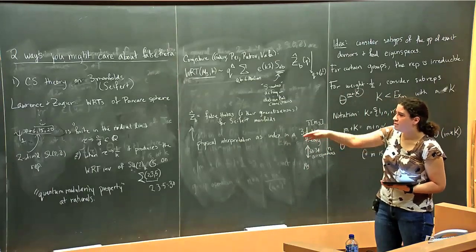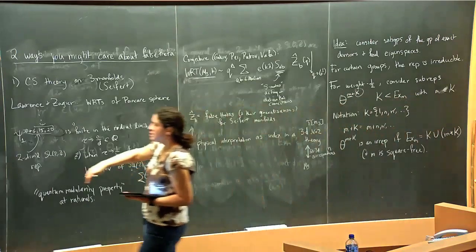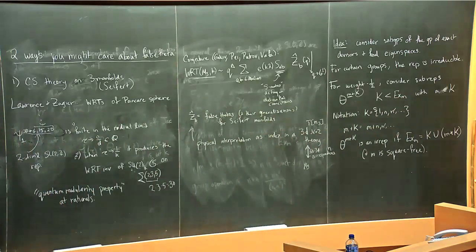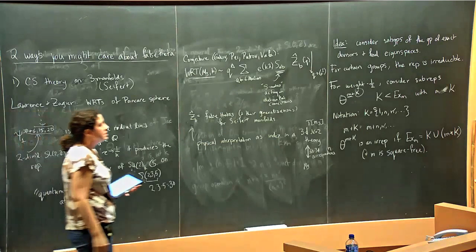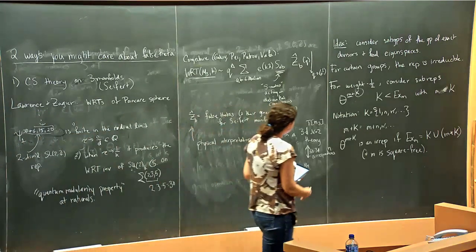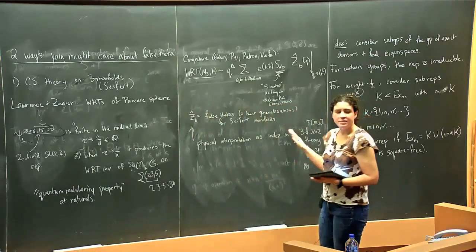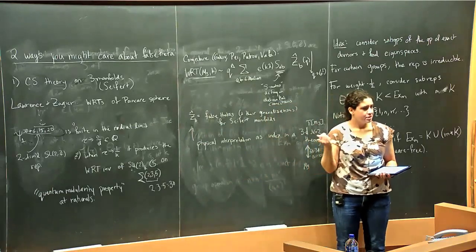You can also have different weights that you start with. You can take linear combinations of Eichler integrals of different weights. And so I would say the general story for what the relevant kind of functions are is not known.